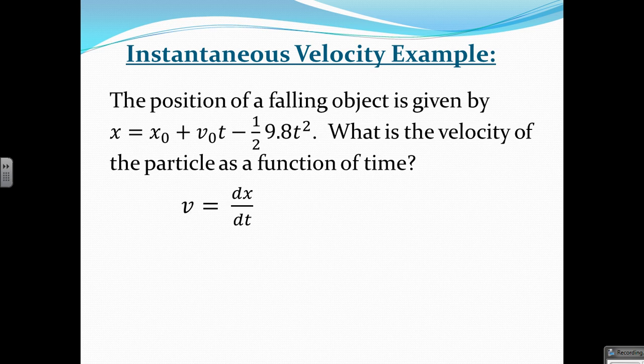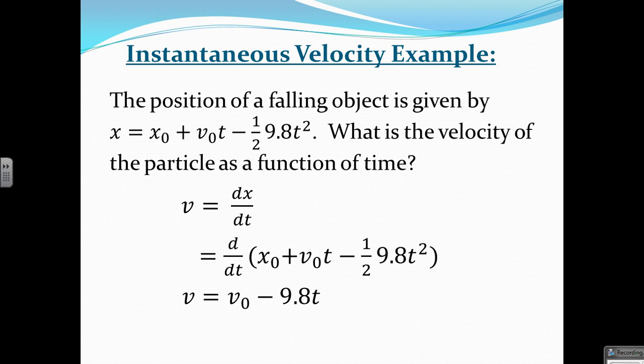If we're looking at the velocity, we want a function of velocity. We would say that velocity is the derivative of x with respect to t. And so if we take the derivative here with respect to t, we're going to apply this to each term individually. The initial position is a constant. Derivative of any constant is 0. We have the second term, which is initial velocity times time.